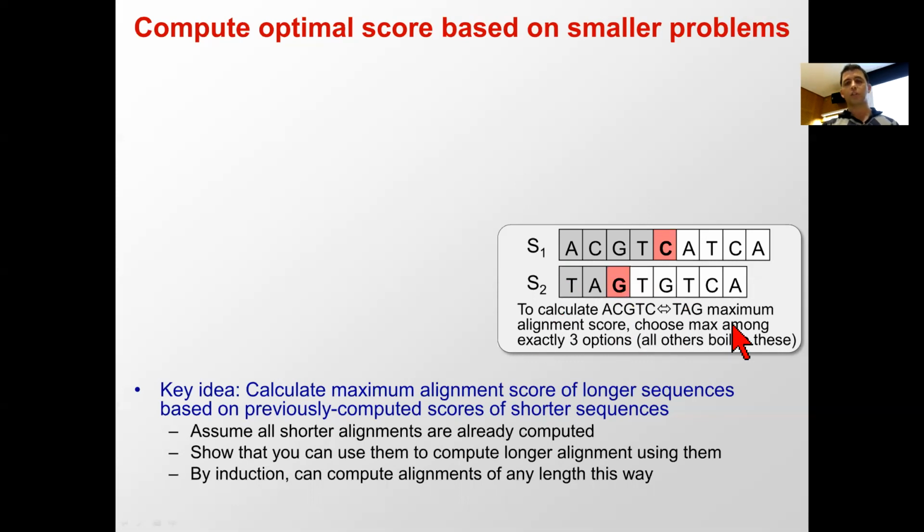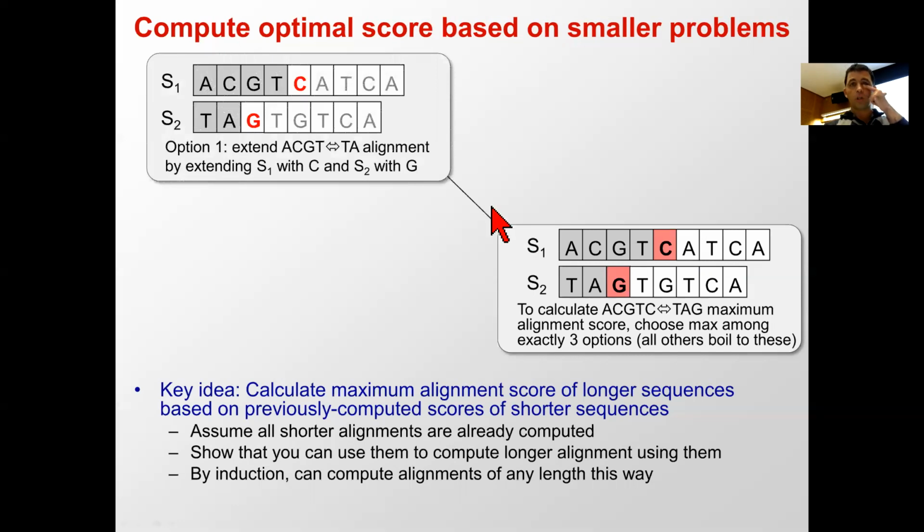To calculate that score, the maximum alignment score, I'm gonna choose the maximum among 3 options, each of which builds on a smaller sub-problem. The first option is that I'm gonna build on the alignment between ACGT and TA. I will assume that all shorter alignments are already computed. And now I'm gonna compute a longer alignment.